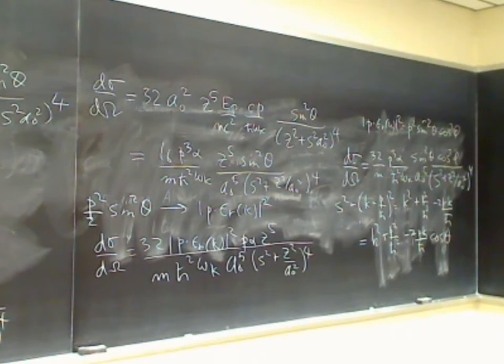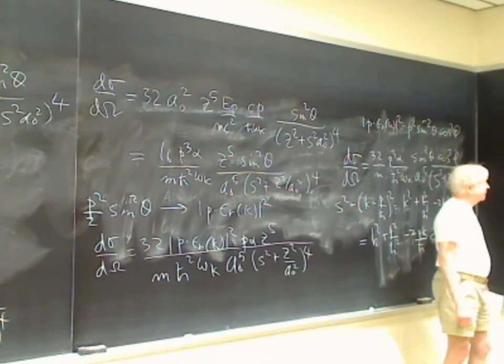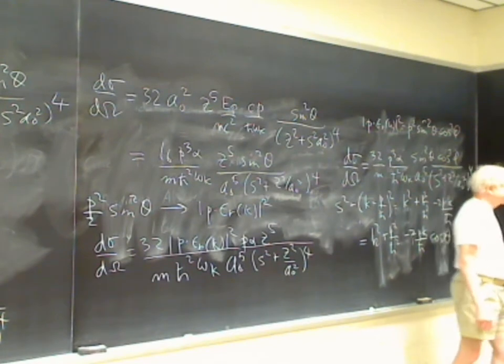And then an integral 0 to t, e to the I delta E t prime over h bar, dt prime. Okay. So that's the process for the process A goes to B plus gamma.